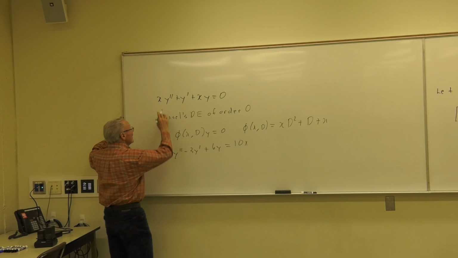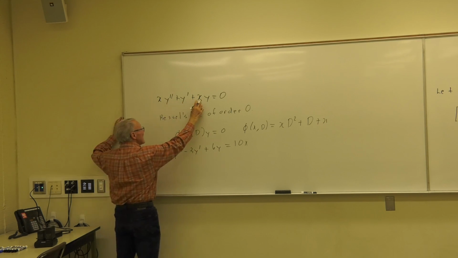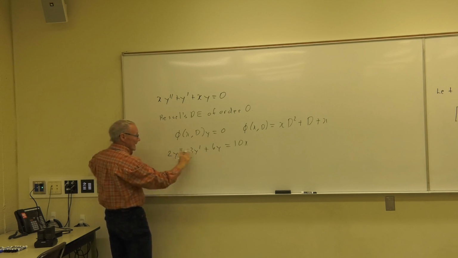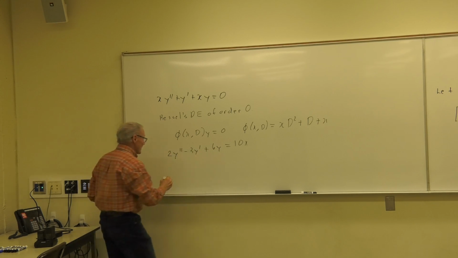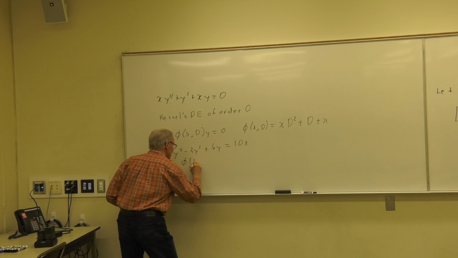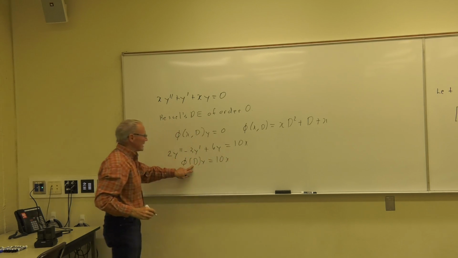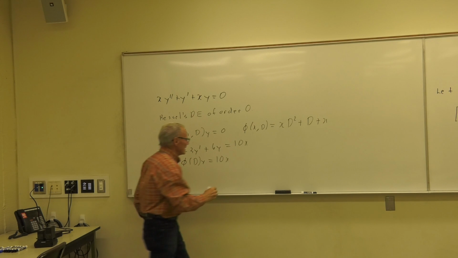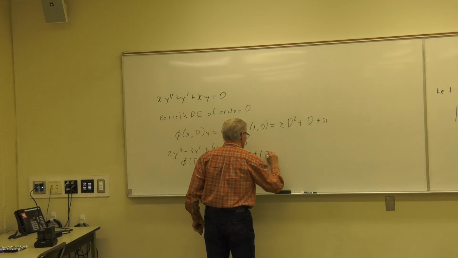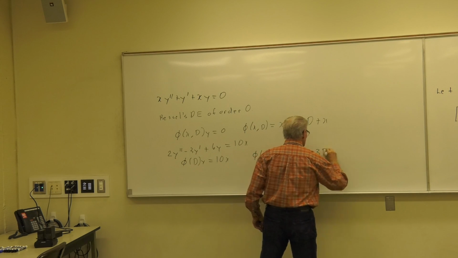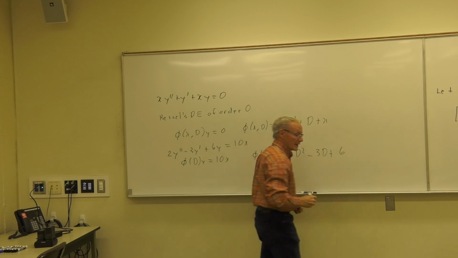This time, you'll notice, not like this, where you had some x's in the coefficients, there aren't any x's in front of these terms. It is linear, and it's second order. This time, I would simply write phi of d operating on y is equal to 10x. I wouldn't put any x's in here because there aren't any. So phi of d then is going to be equal to 2d squared, minus 3d, plus 6.